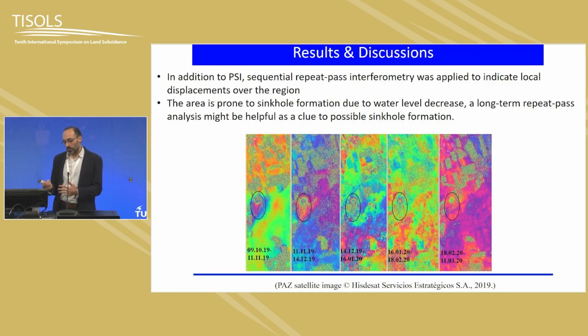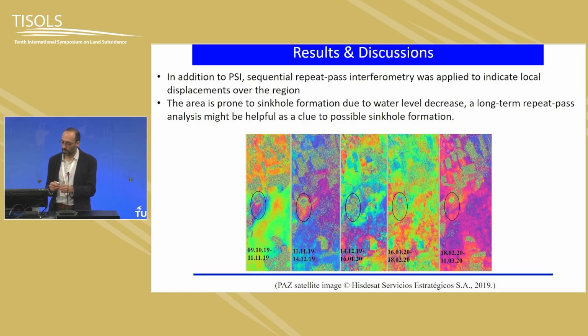On the other hand, we also checked the individual interferograms. PAZ here provided some results where we can see small movement interferograms that spatially overlap the same location, which can be useful for possible sinkhole formation.